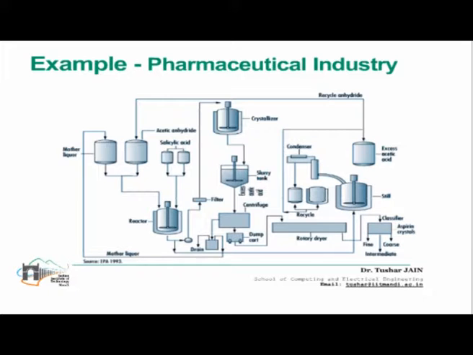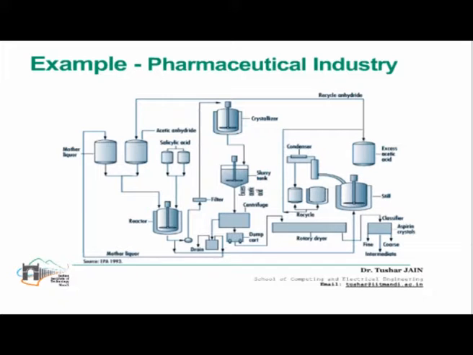This is the whole setup, a very complex setup, where you would see some reactor module where some mixing of the raw material is done so that we could have the product quality according to the desired specification. Okay, this is a separate thing where we take into account the role of the controller.